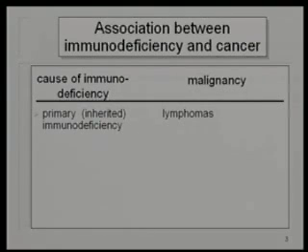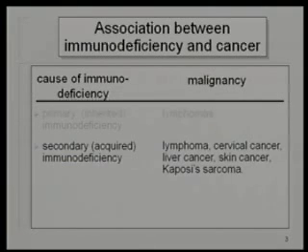Cancer patients: there's a table in your book that shows a lot of correlation between different kinds of tumors and the immunosuppressive treatment for transplants. So whenever there are immunodeficiencies, there is one or the other kind of malignancy.